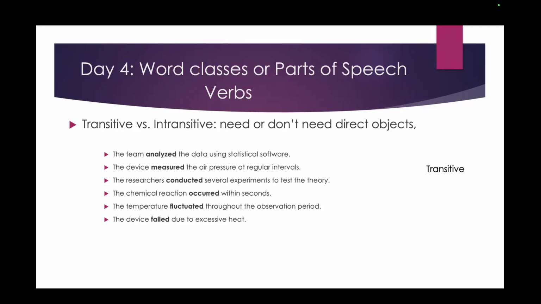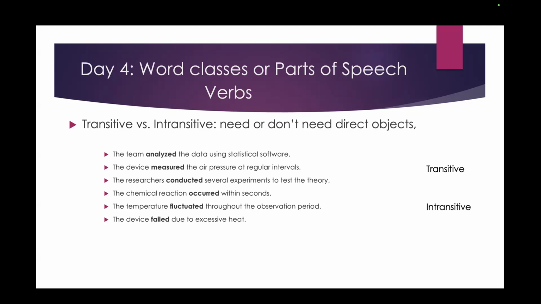Another example is: the temperature fluctuated throughout the observation period. Fluctuated is the verb, and then you have throughout the observation period, where there is no direct object. Another example of an intransitive verb is: the device failed due to excessive heat. So, transitive and intransitive verbs.